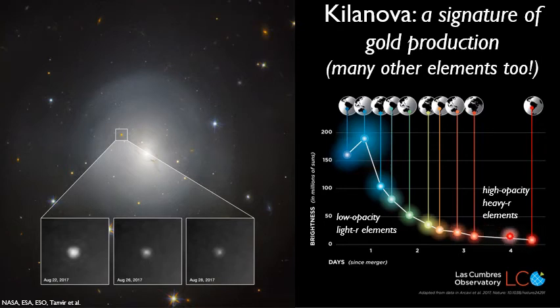So the lanthanides, for instance, signature of that there. And the observations agree remarkably well with the theory, which is pretty cool. So we now know that neutron star mergers are a site of r-process elements. It's not really a question. Question is whether or not it's the site, what variety of nucleosynthesis conditions do we have, that is still unknown.